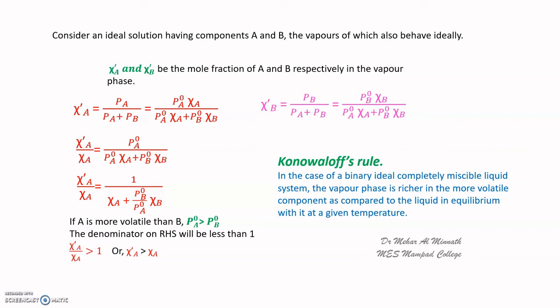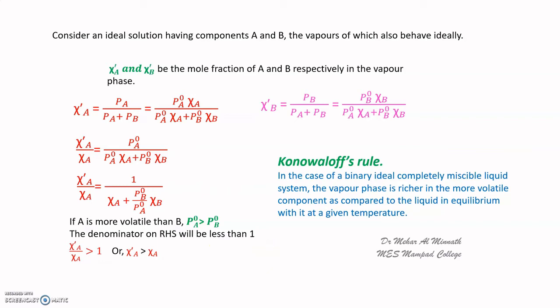When we think logically, it can be understood, because if two components A and B are mixed together and A is highly volatile, A will escape to vapor state, and the component of A in the solution will be less, while component of A in the vapor phase will be more, and that is Konovalov's rule. Alright, so that's for ideal solution. A non-ideal solution will not obey this one, because it will not obey Raoult's law.